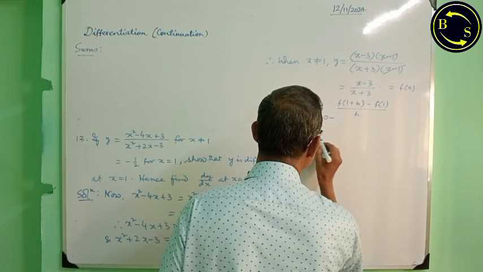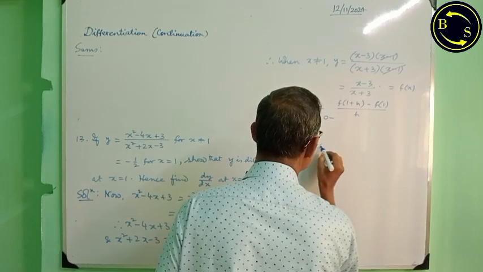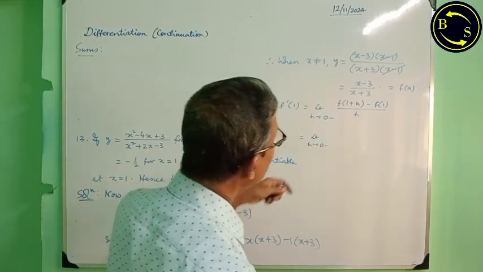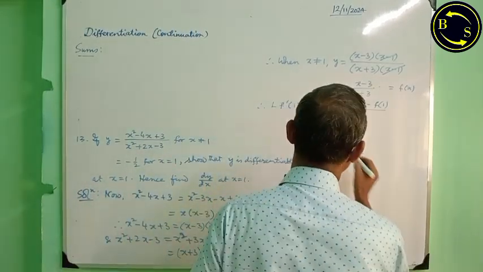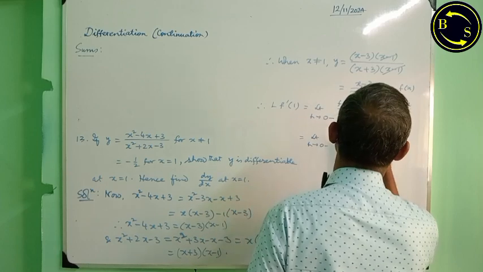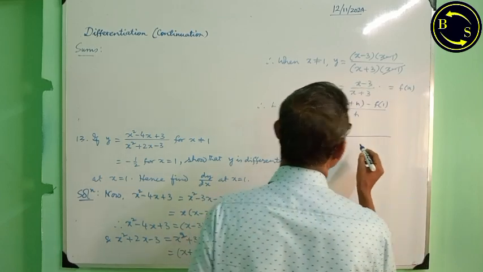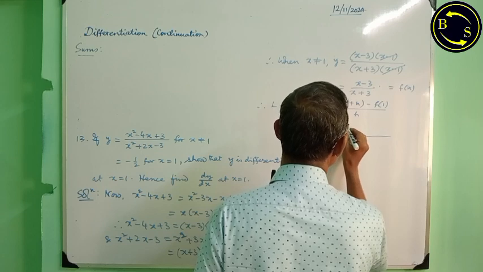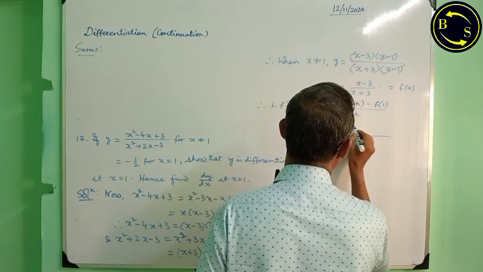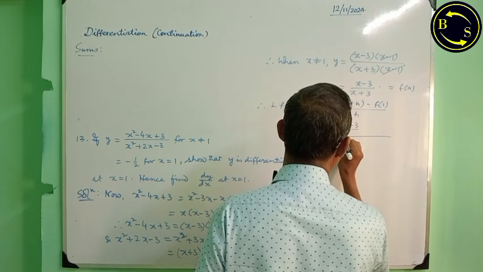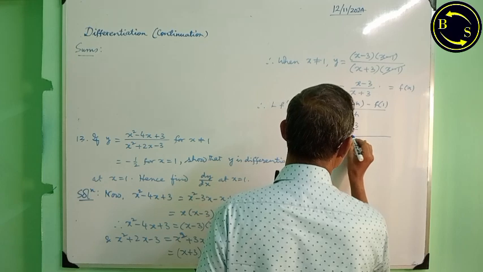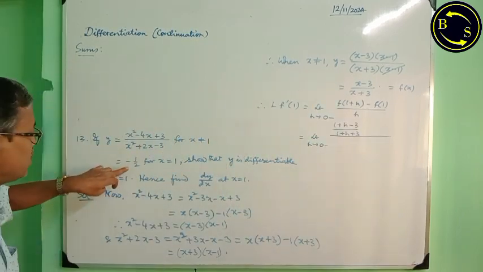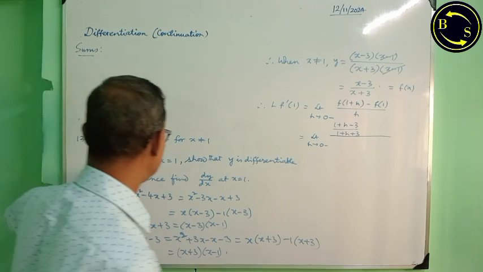For that, limit h tends to 0 minus. In this place, the value will be this one. In place of x, we have to put 1 plus h. That means (1 plus h minus 3) by (1 plus h plus 3), and f(1) already given, that is equal to minus half.